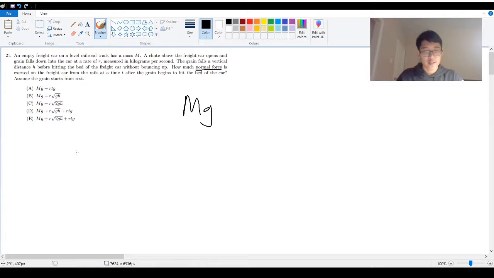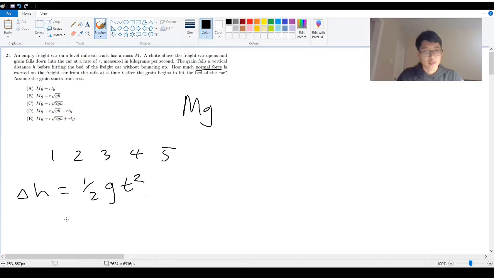We can imagine that a grain is dropped at time 1, time 2, time 3, time 4, time 5. So this is when the grain is dropped, and the grain will hit the car after a time given by delta h, the height of the car, equal to 1/2 g t squared.